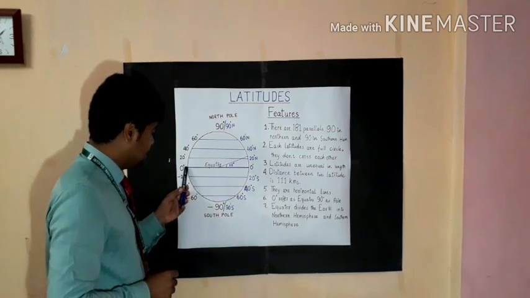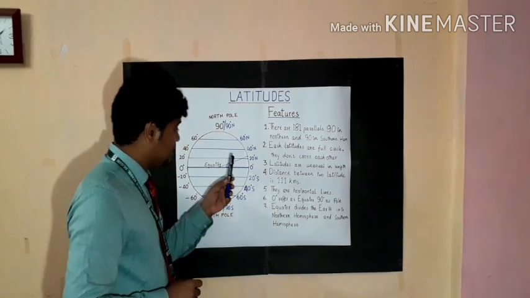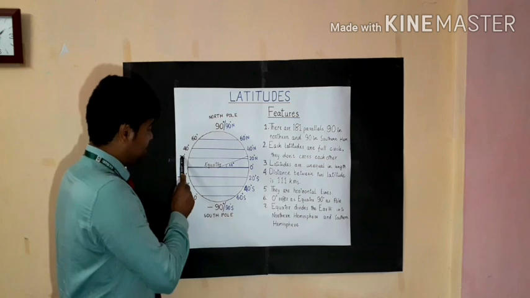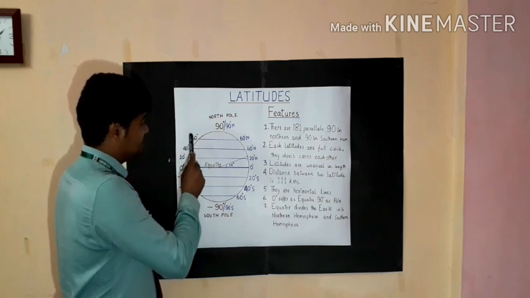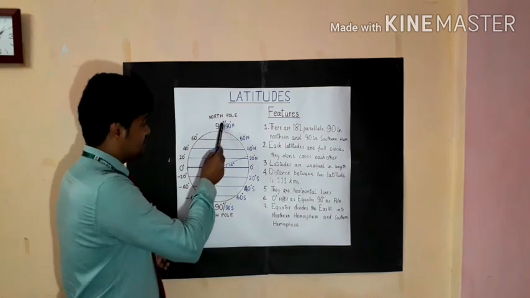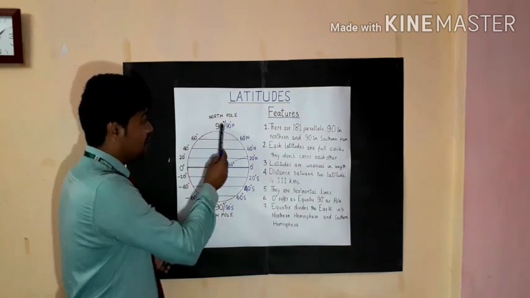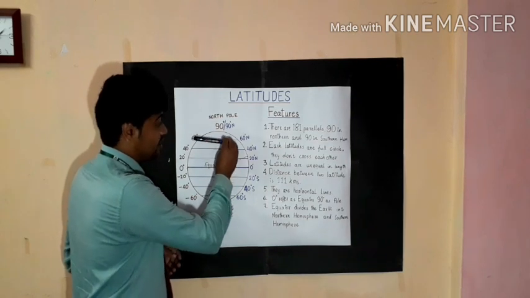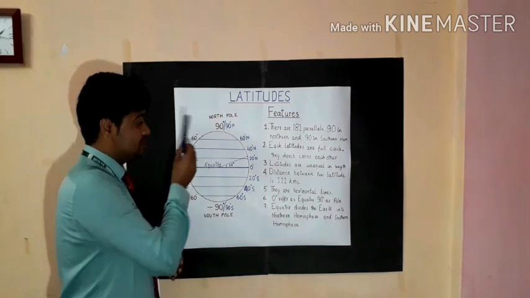Now you can see this line is marked as 0 degree, then 20 degree, 40 degree, 60 degree and 90 degree. These are all positive numbers and these lines are in the northern hemisphere.